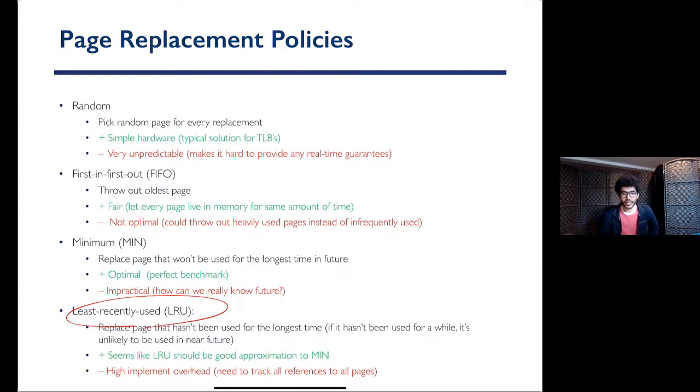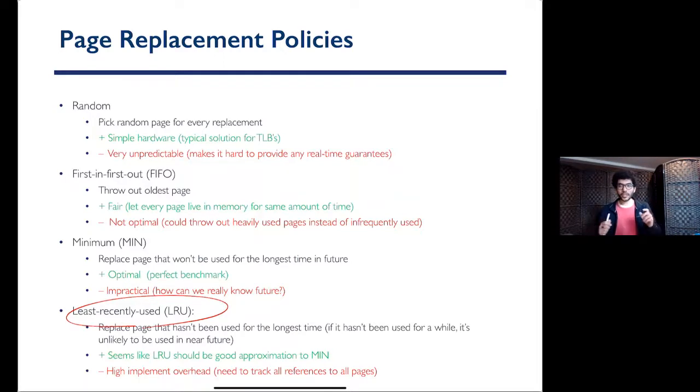The thing about TLB is that it is very, very small. If you remember, the TLB only fits 256 entries in some cases. Now, if you implement some crazy algorithm for your TLB eviction, you're going to make your TLB slower, because the more logic you put in your TLB, the slower it becomes.